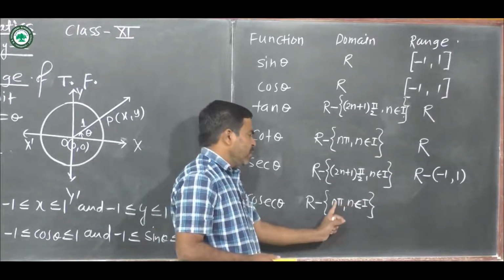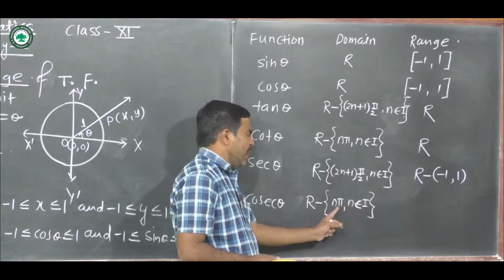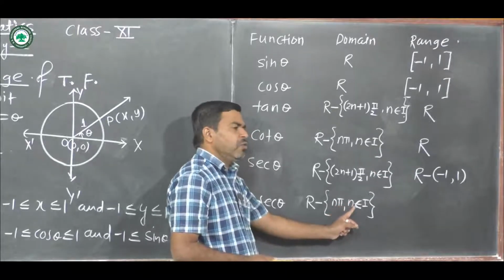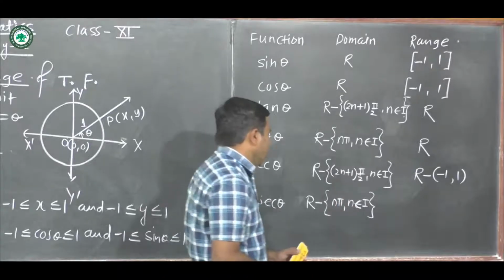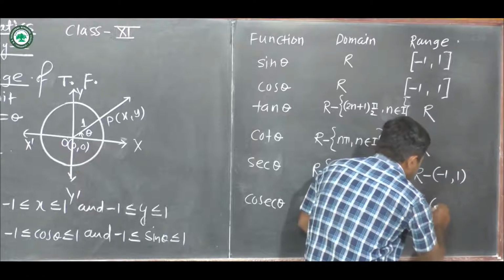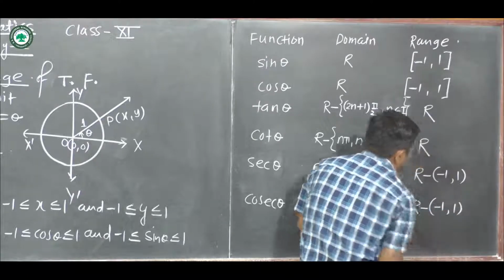N is 1, pi. N is minus 1, minus pi. If we take n equal to 2, it becomes 2 pi. N equal to minus 2, minus 2 pi. And the range of cosec theta is R minus the open interval (-1, 1).